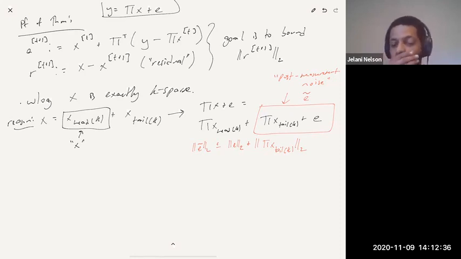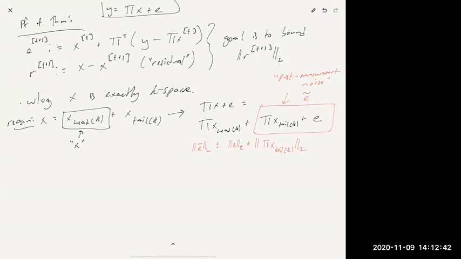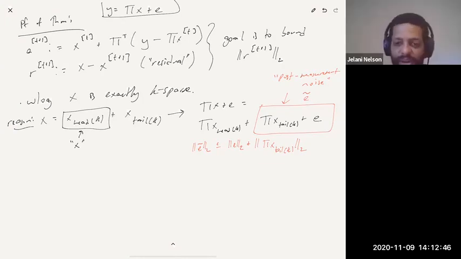And pi is this RIP matrix that has 3k RIP. First, is x tail k a 3k-sparse vector? It's not. It could be anything. We don't know how sparse it is.